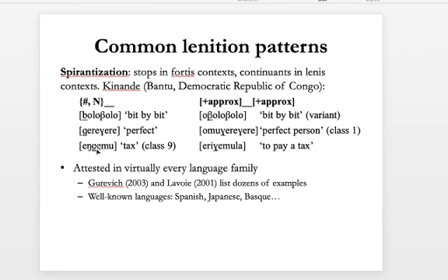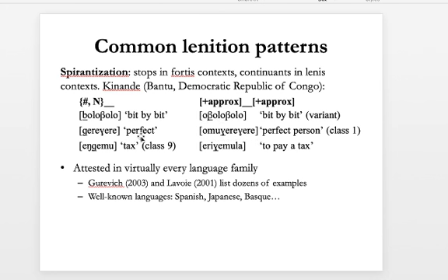But if you take the same consonants and put them in between two vowels internal to a prosodic phrase, you instead find that they're continuants. In this case, they're probably close to approximants. So there's another version of this expression bit by bit that begins with a vowel, and this one is pronounced olo.